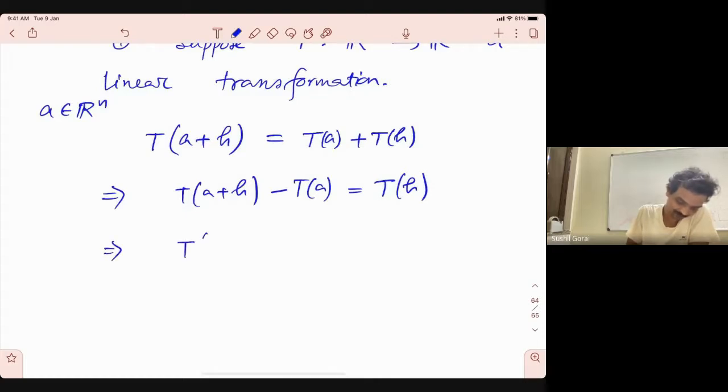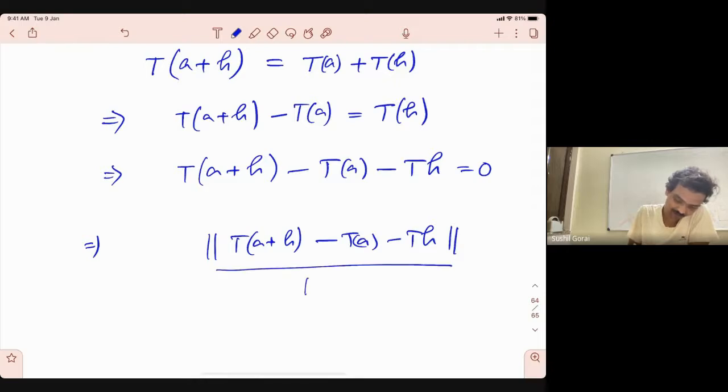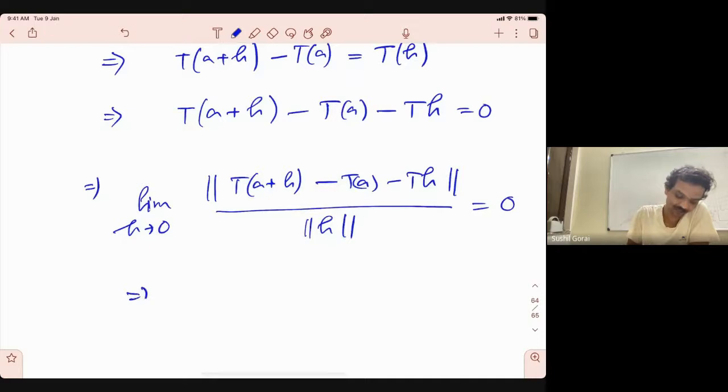Let me write one more step: T of a plus h minus T a minus T h is equal to 0. So the norm of T of a plus h minus T a minus T h, divided by the norm of h, as h tends to 0, has limit 0. So this implies lambda is equal to T, right?